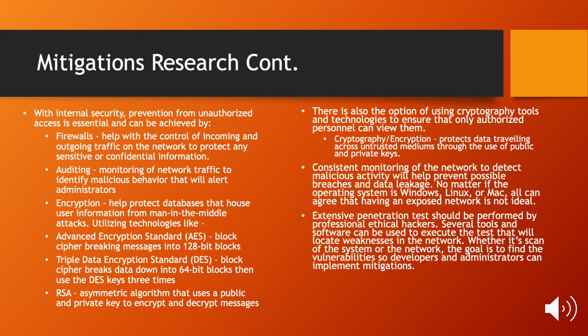Use of cryptography tools can help only authorized personnel view the technology. Malicious activity can be identified by using continuous monitoring tools. Professional ethical hackers should conduct extensive penetration tests to help identify weaknesses on the network.